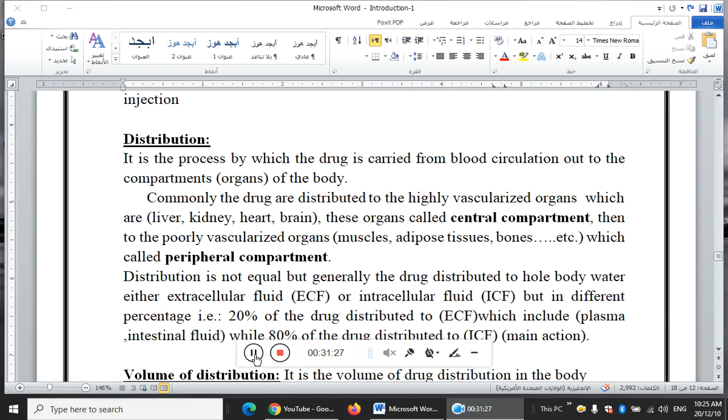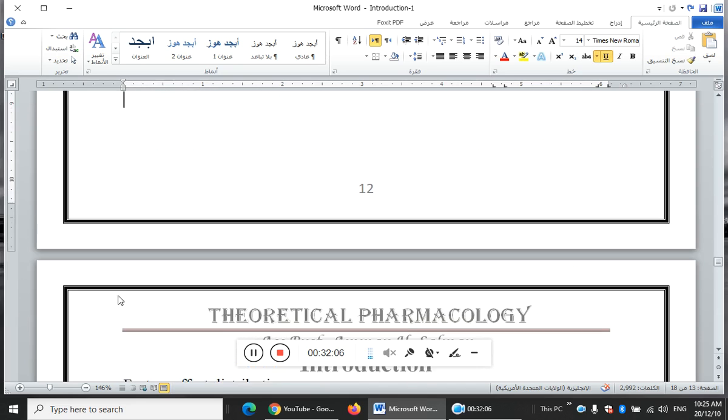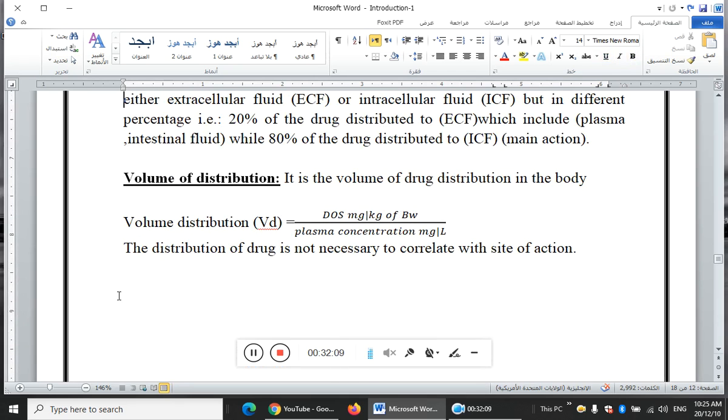Distribution of the drug is not equal. Generally, the drug is distributed to the whole body water, either extracellular fluid or intracellular fluid, but in different percentages, which means 20% of the drug will be distributed to the extracellular fluid, which includes plasma, interstitial fluid, etc., while 80% of the drug is distributed to the intracellular fluid, which is the main action.